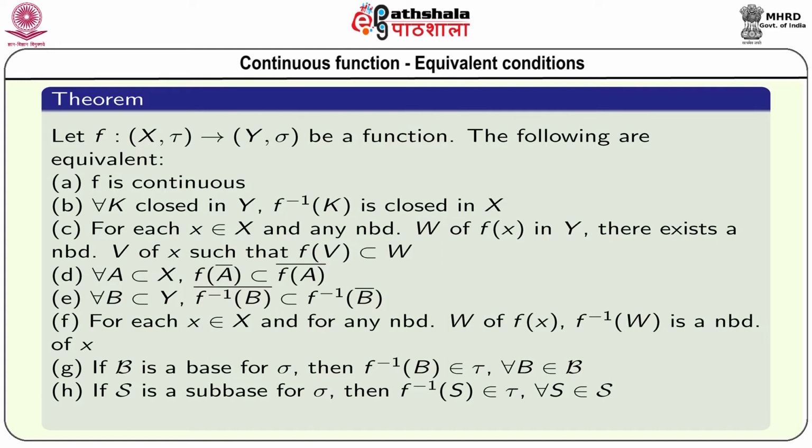It means that we may not check whether all the open sets of Y are coming back to the open sets of X. It is enough to check the result for: if script S is a subbase for sigma, then f inverse of S belongs to tau for all S belonging to script S. Now, we see that the equivalence of condition A, condition G and condition H says that for continuity of the function f, we may not check whether all the open sets of Y are pulled back to the open sets of X by f or not.